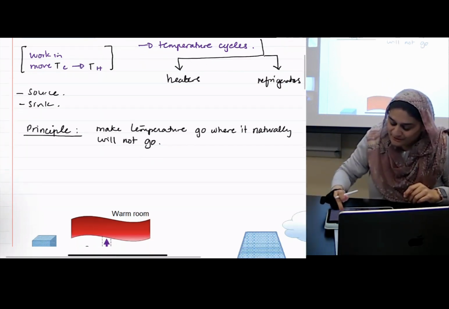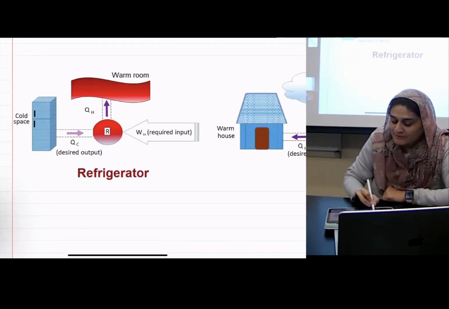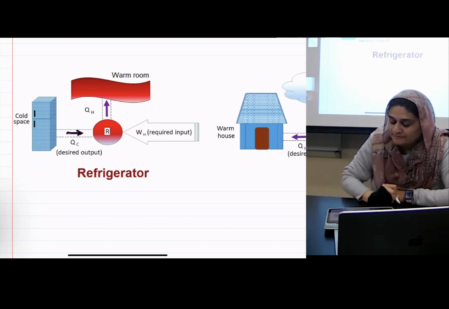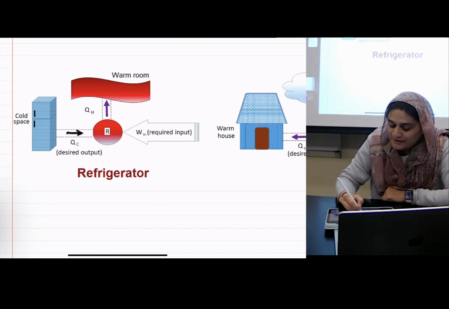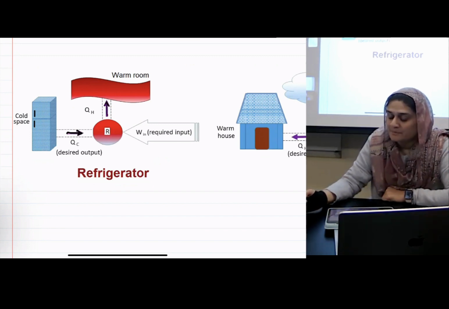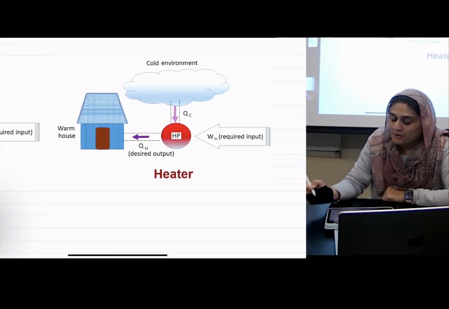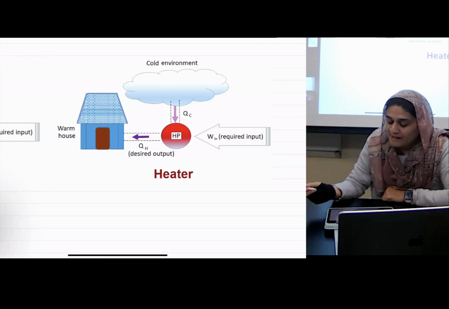Okay, so what do they look like? Ta-da! That's your refrigerator. That's heat you want to remove into the environment, which is already hot. So you have to do work. A heater: cold outside, a warm house.